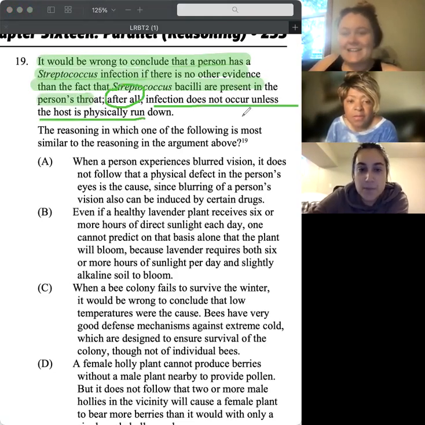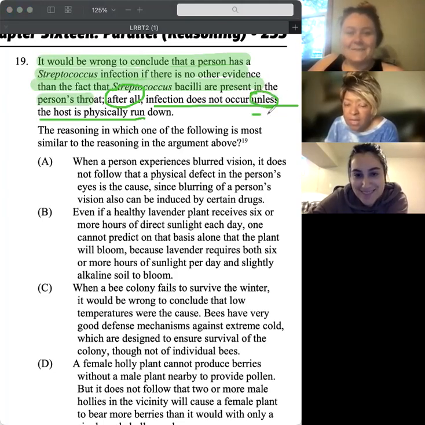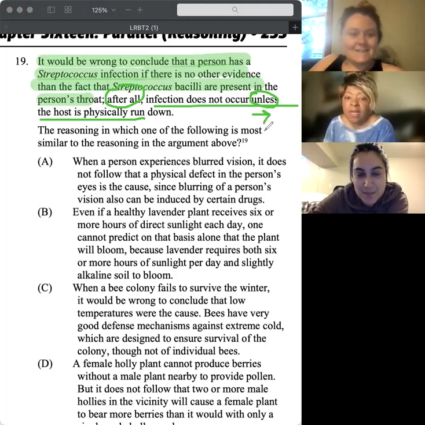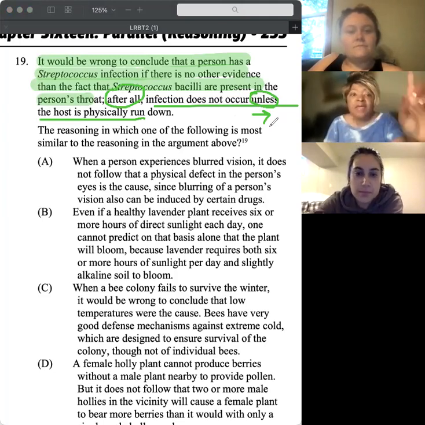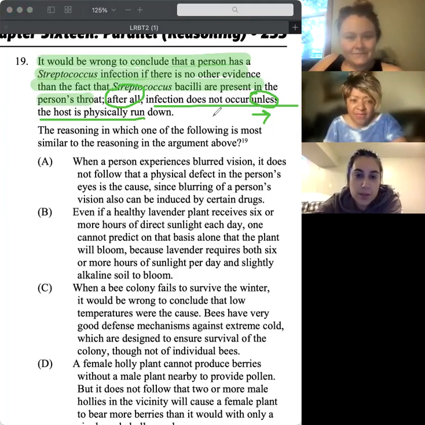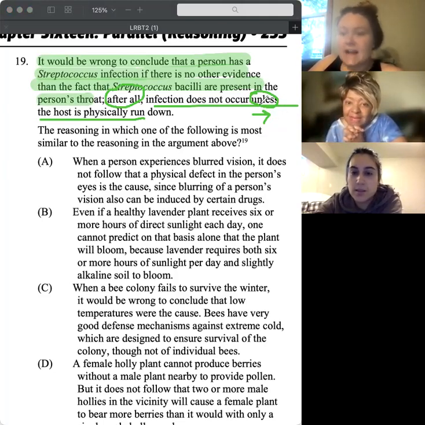Yes. And Giovanna, what kind of condition does "unless" introduce? Necessary. Excellent. So how would you diagram this? Sufficient, necessary. So if "unless" introduces a necessary condition, what side is our necessary condition on?